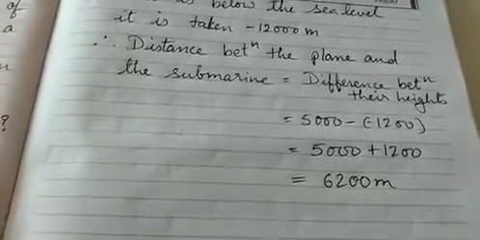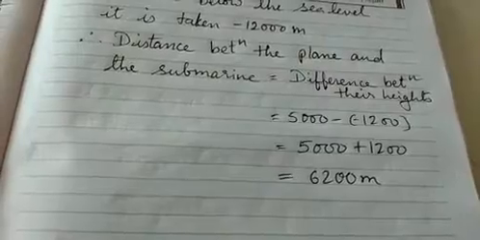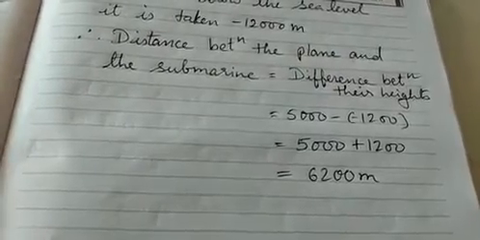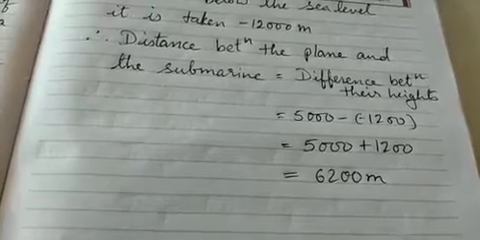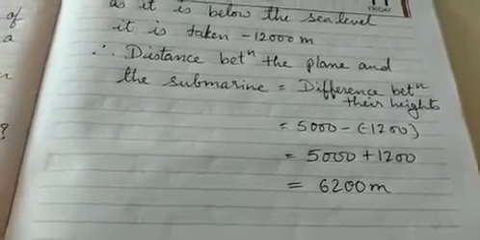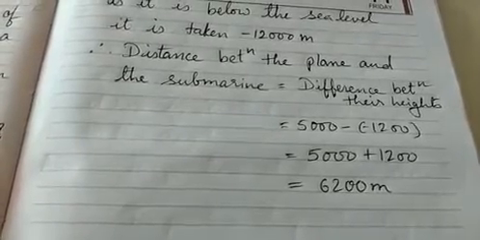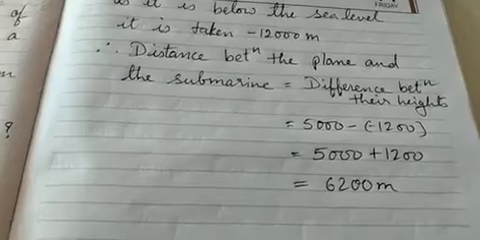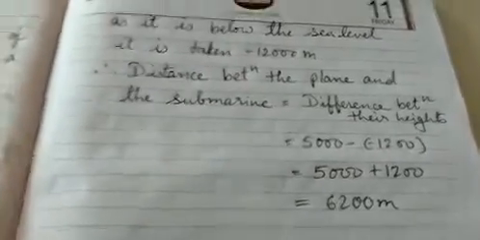So 5000 minus of minus 1200, what do we get? 5000 plus 1200, and we get the answer 6200 meter. So the distance between the submarine and plane will be the difference of their heights, and we get the answer 6200 meters.